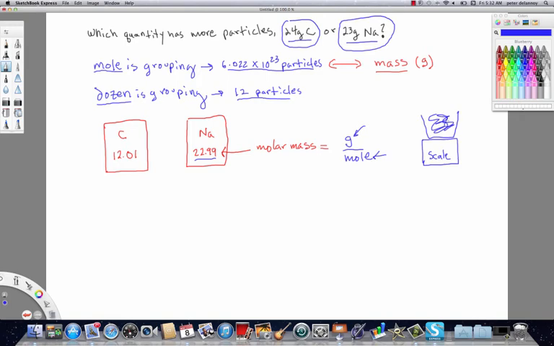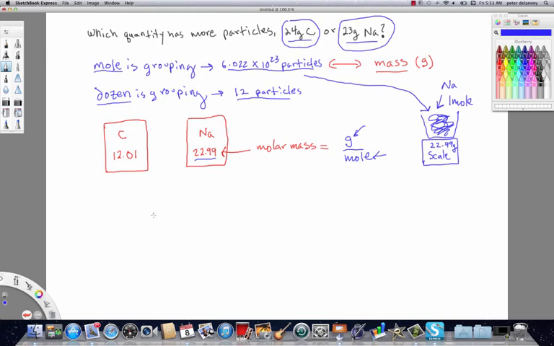So if we fill up this weigh boat or little dish with sodium to the point where the scale reads 22.99 grams, then we have exactly 1 mole, 1 grouping of this atom, which means that we have 6.022 times 10 to the 23rd particles in the weigh boat. So we can use mass to count.